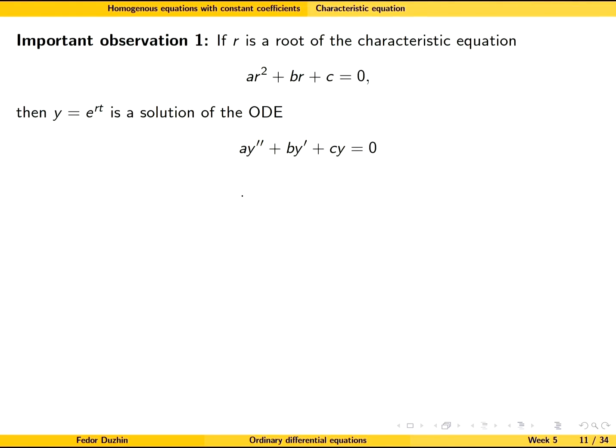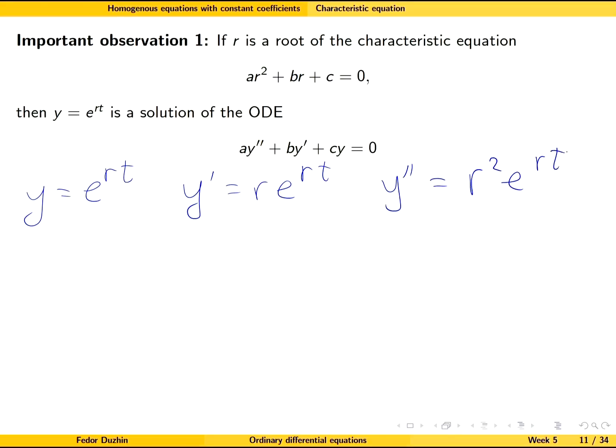Suppose that we substitute y equals e to the rt into the differential equation. So y prime is r e to the rt, and y double prime is r squared e to the rt. Then substituting this into the differential equation, we get a r squared e to the rt plus br e to the rt plus c e to the rt.